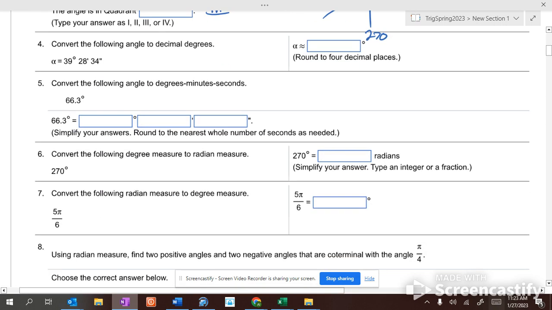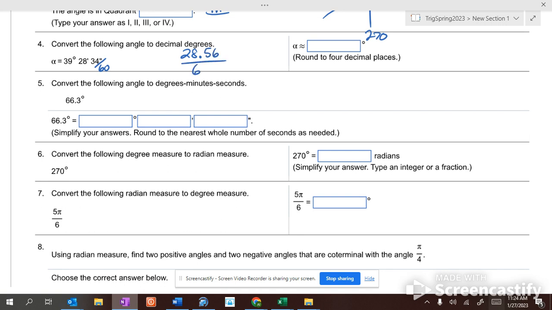Degrees, minutes, seconds. Okay? So if you have 34 seconds, what do you do with that 34 seconds? Divide it by 60. Okay? So what's 34 divided by 60? Somebody calculator, help me out. 34 divided by 60. 0.56.